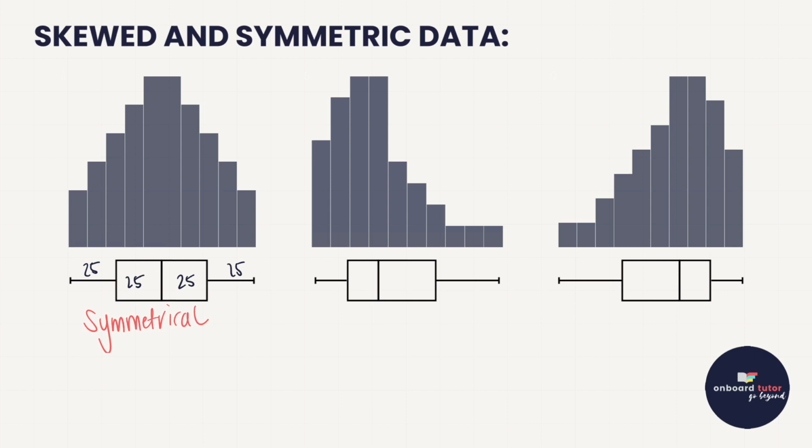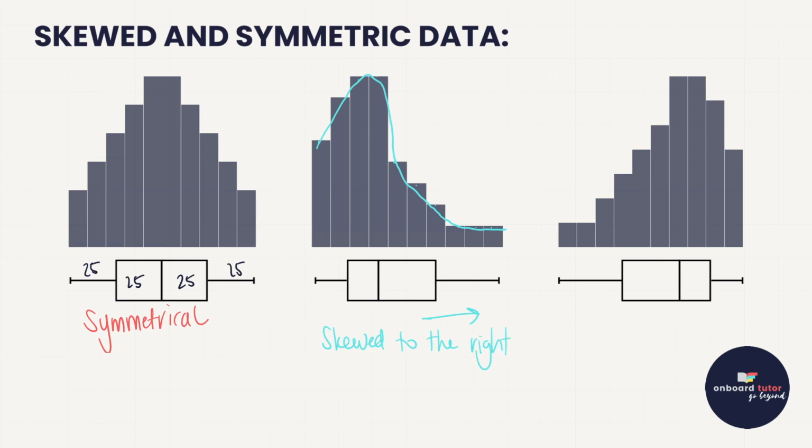Then, if you look at the second option, what would happen if we were to draw a frequency polygon here is that you'd start to see a long tail emerging on the right-hand side. Okay, and wherever the tail is, that's where the data is skewed. So in the same way, we can see the tail here. So this data is known as skewed to the right.